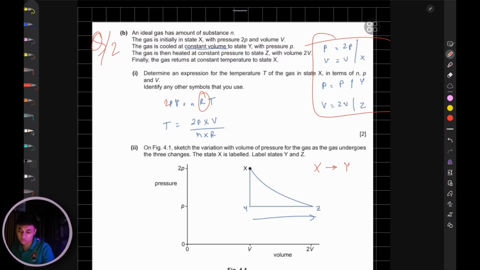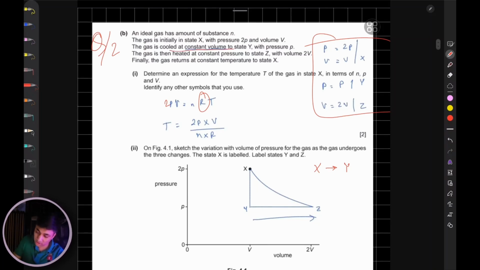Now it's changing into Y. The gas is cooled at constant volume, therefore it's going to stay at V on the x-axis, to state Y with pressure P. Volume stays constant, but your pressure decreases to P. So this is going to be your X to Y transition.